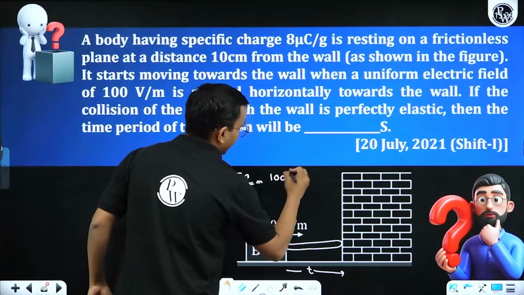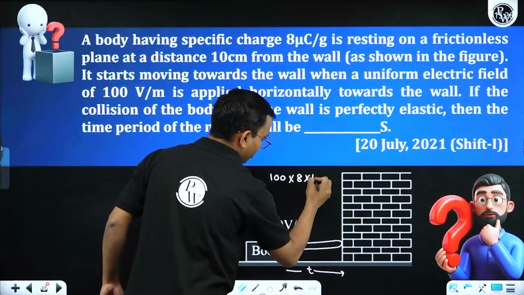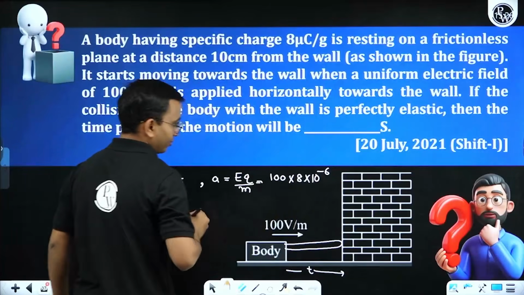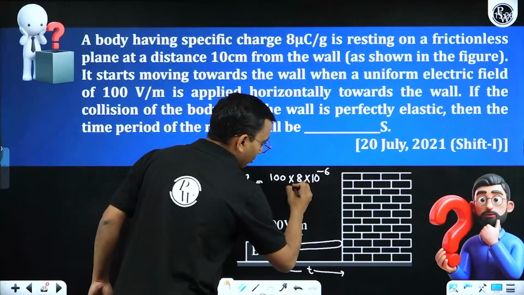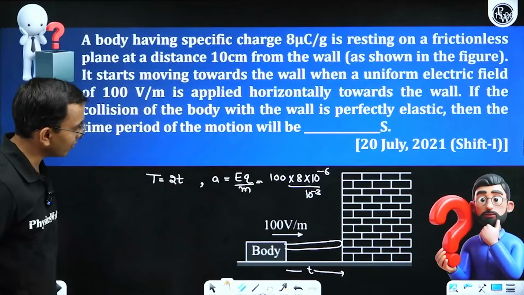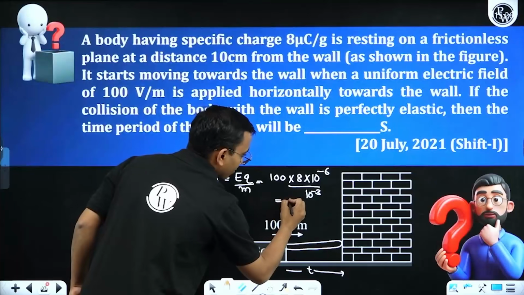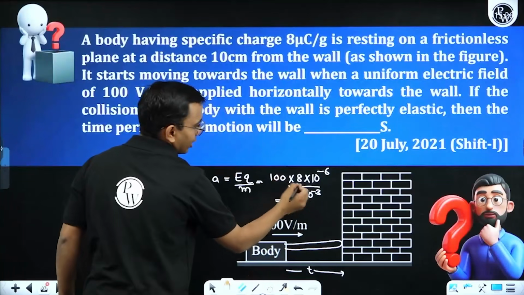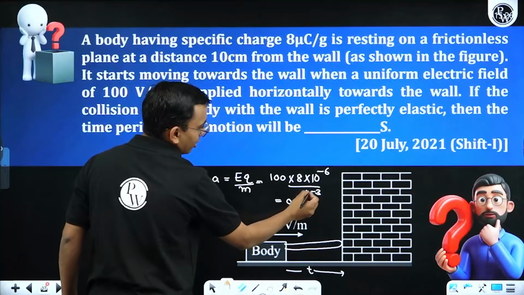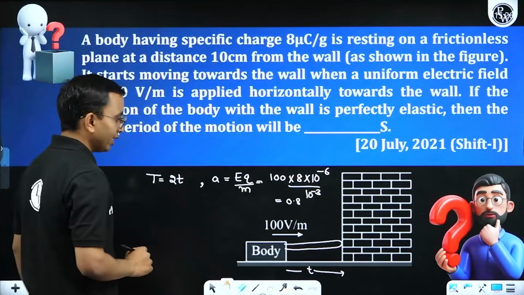So 8, I'll write it, this is 8 microcoulomb per gram, converting that to kg. So this becomes 0.8, 10 to the power, this is 3 plus 2, 5, so 0.1, so 0.8 is the acceleration.